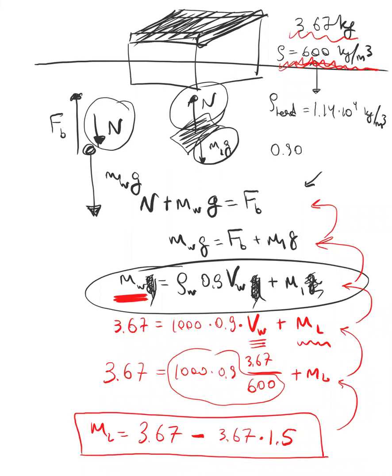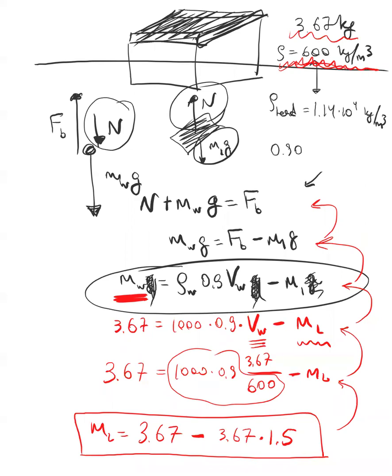And now when I move this normal force to the other side, it will acquire a minus sign. So this should be a minus sign, and this here is a minus sign.